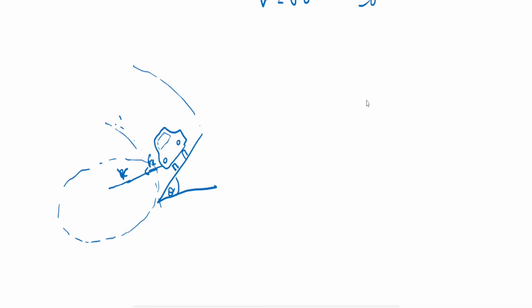Now let's look at the forces. I'm just going to draw it as an object like this. There's going to be a normal force, we all know that. There's going to be the weight. Let me write it this way.